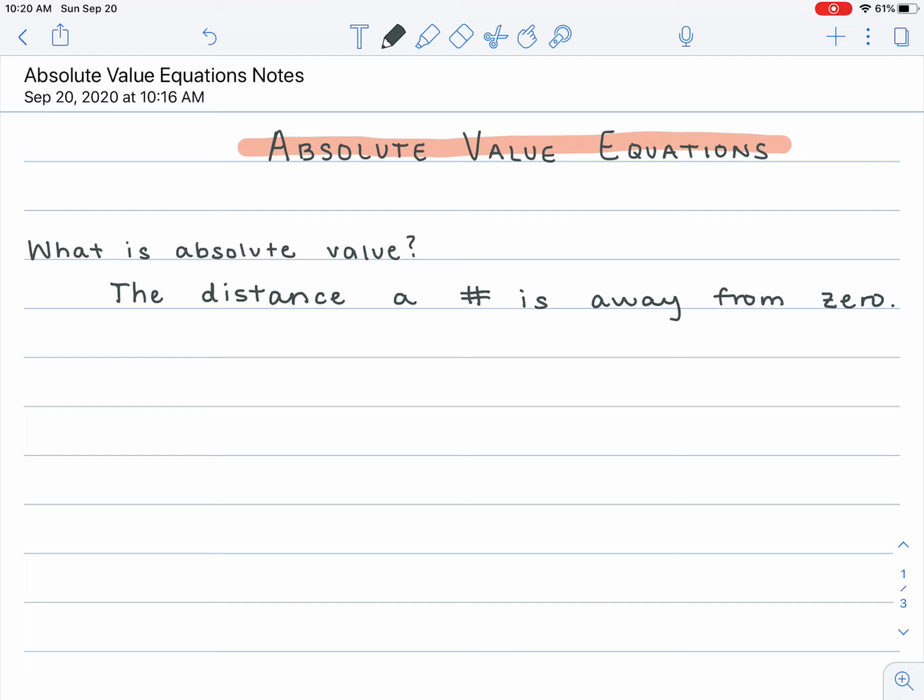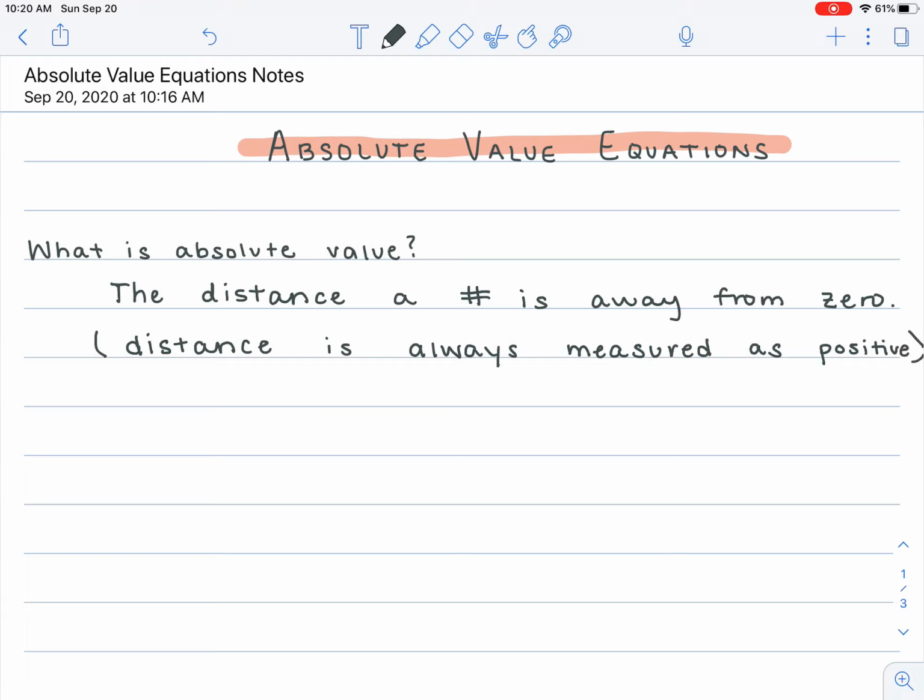And one big thing here is distance is always measured as a positive.